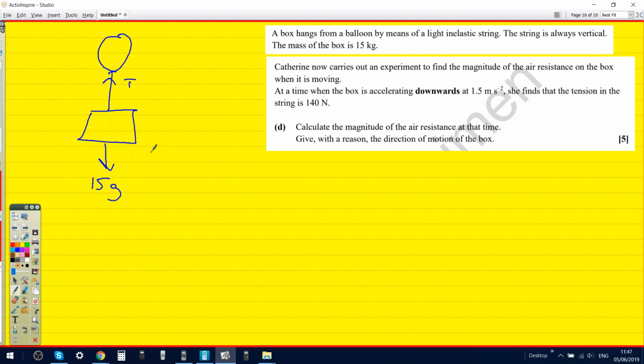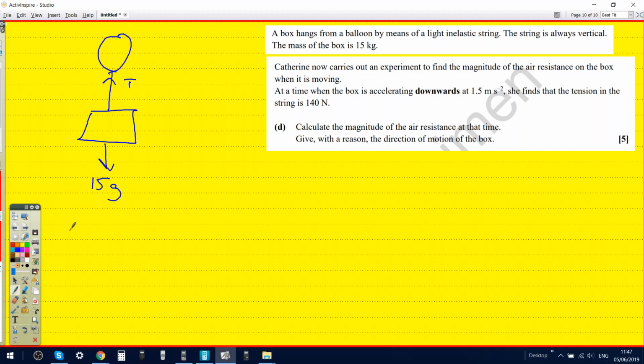Calculate the magnitude. Okay, how would you do that? So we could take the air resistance acting upwards if it's accelerating downwards. So the air resistance going up.